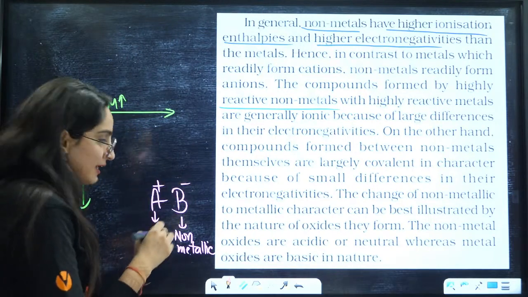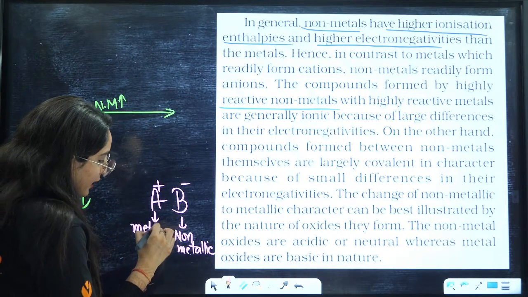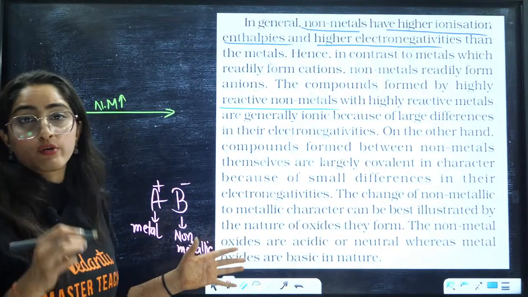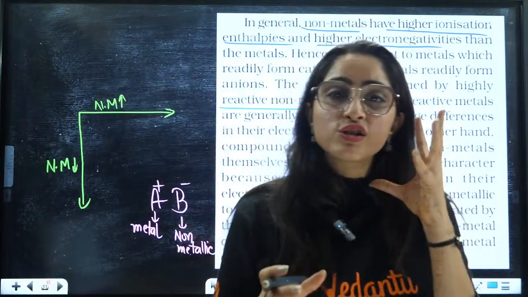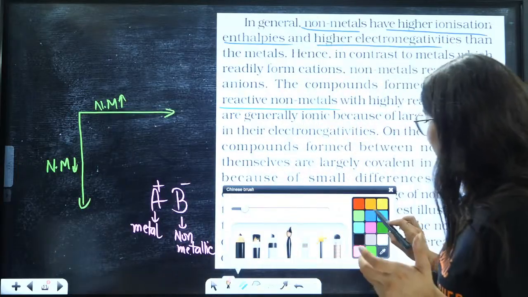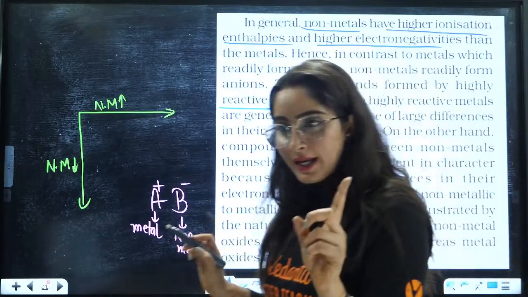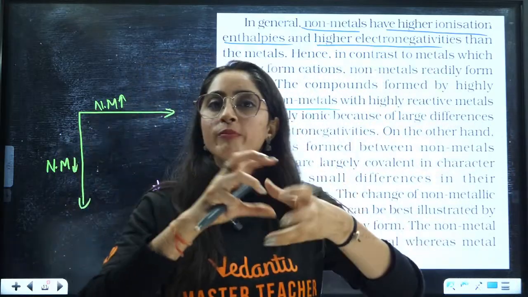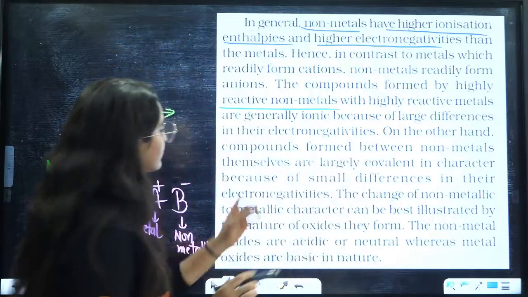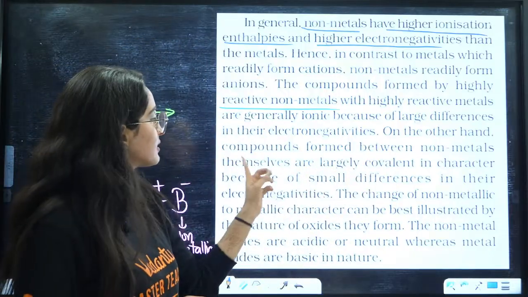The metallic one wants to lose the electron. So one wants to gain the electron, the other wants to lose it. That is why they will have a very strong force between them, that is called the ionic force. We have done that in chemical bonding as well, that metals and non-metals together will form an ionic bond, right?